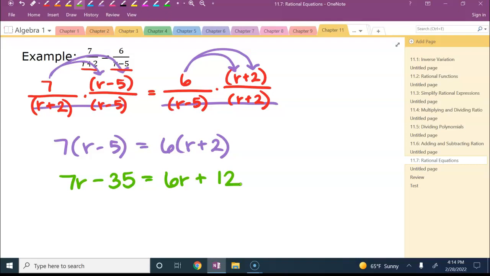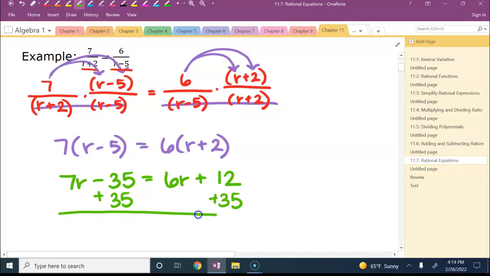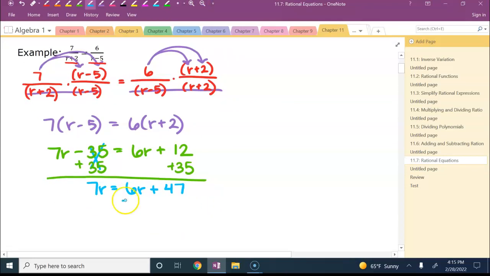So what I'm going to do here is add 35 over to that 12. So we have 7r equals 6r plus 47. And then I'm going to subtract my 6r from the 7r, which would just be r equals 47, and there's your answer, because you're solving for that variable.